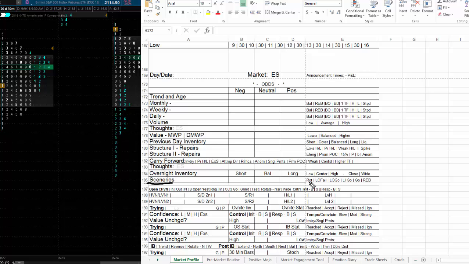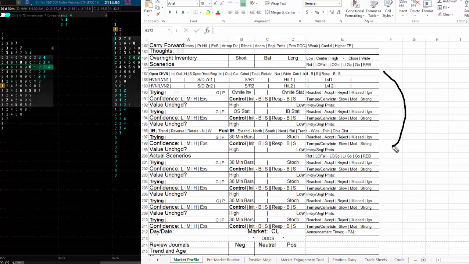And I may even comment, do I think that it's going to rotate, or if it opens in the lower part of the range, will it look out and fail, or look out and go, or if it gaps open, will it look in and go the opposite direction? That's what these mean. And REB always means re-enters balance. Now this lower part is what I fill out while the day is going on.